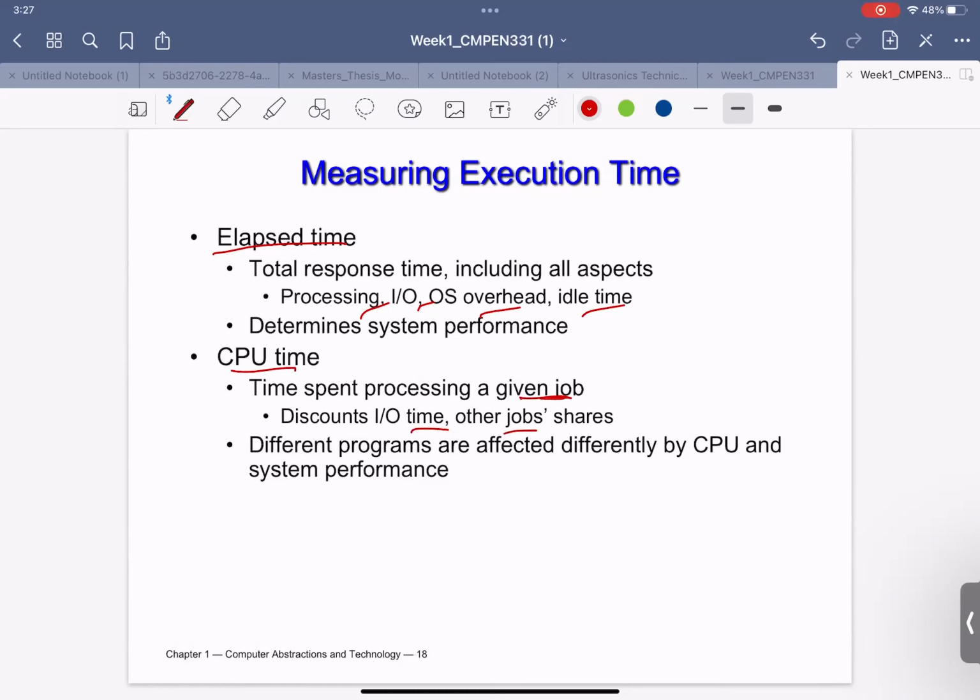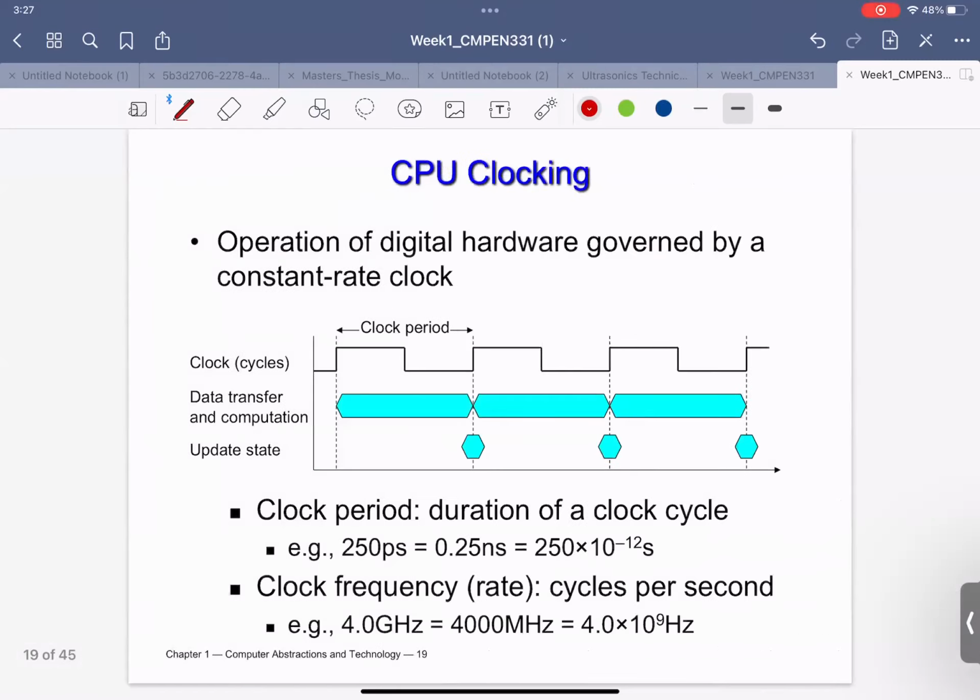It will not have all of these kinds of overhead, idle time, and stuff like that. It's just the CPU time. We will remove any input output time or any other jobs sharing and stuff like that. And generally, different programs, of course, will be affected differently by the CPU and the system performance. So let's go a little bit deeper in how we can get such differences in the performance.